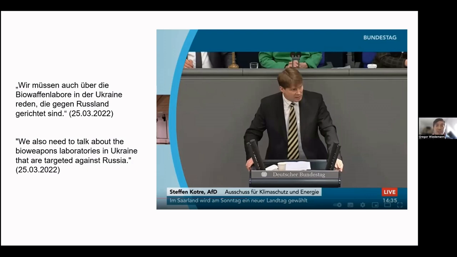He speaks a sentence like, "We also need to talk about the bioweapon laboratories in Ukraine that are targeted against Russia." So a member of the German parliament actually propagates first-hand Russian propaganda in the Bundestag.